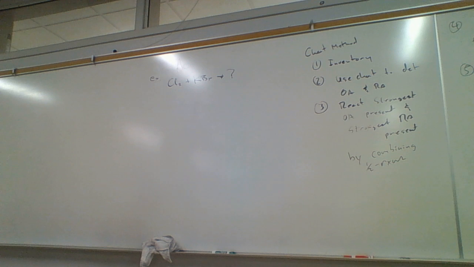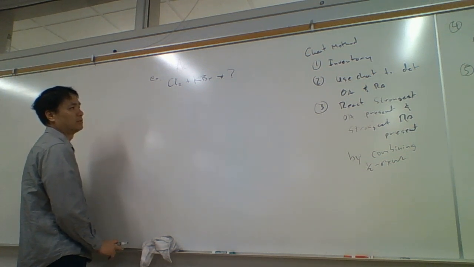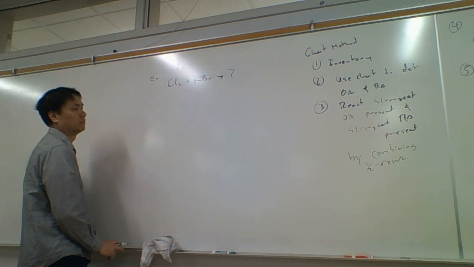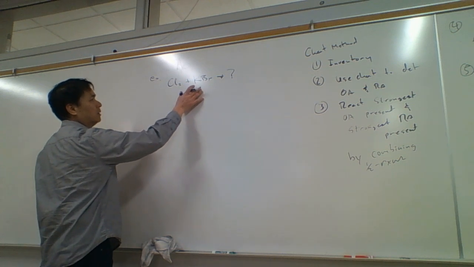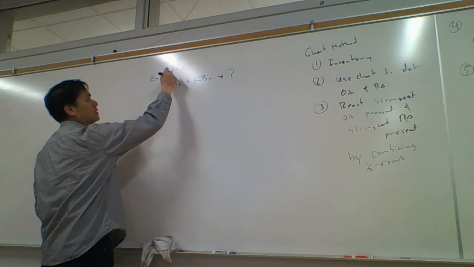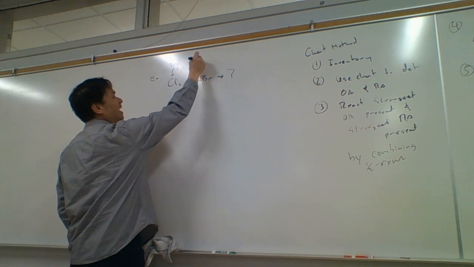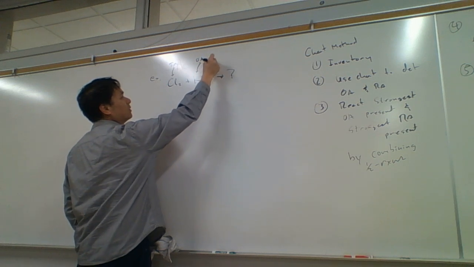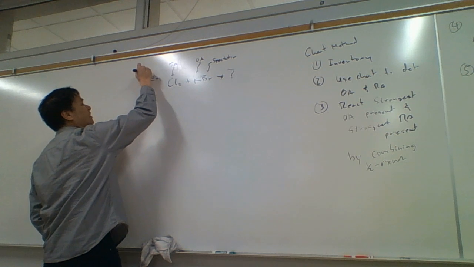Looks as if it's a single replacement reaction. If it's single replacement, we get some bizarre products. And so this is one of those ones we saw earlier. Single replacement predicts this one to be the RA, this one to be the OA, and this one to be the spectator. That's single replacement.